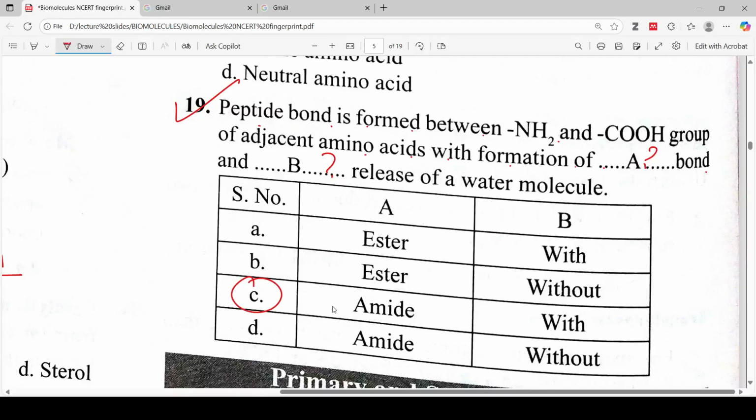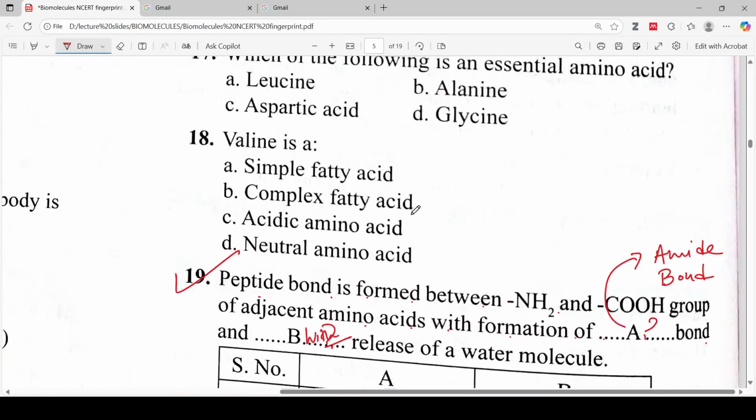C will be the correct answer, amide bond, with the release of a water. Next question.